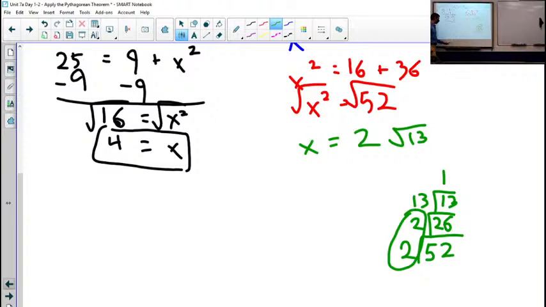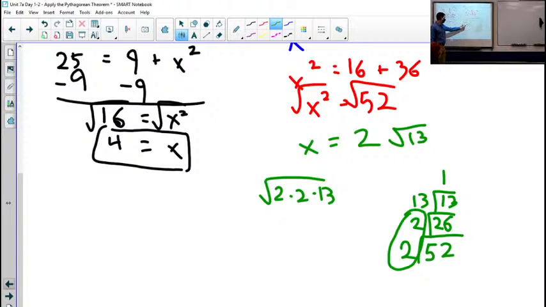Now, here's mathematically what's going on. When I circle these pairs and bring them out, what's happening is that I'm rewriting 52 as 2 times 2 times 13, right? That's how we divided, so I can multiply back and get to 52 again.